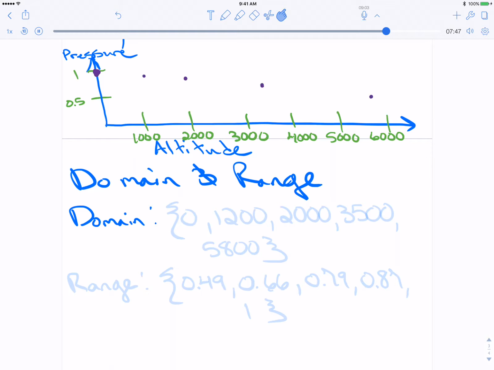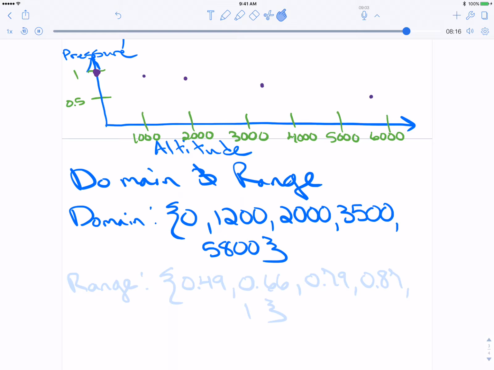It must be in increasing order. So we use what I call squiggly brackets, and then we comma separate each value. The first value in this case is 0. Then we have 1200, 2000, 3500, and lastly 5800.